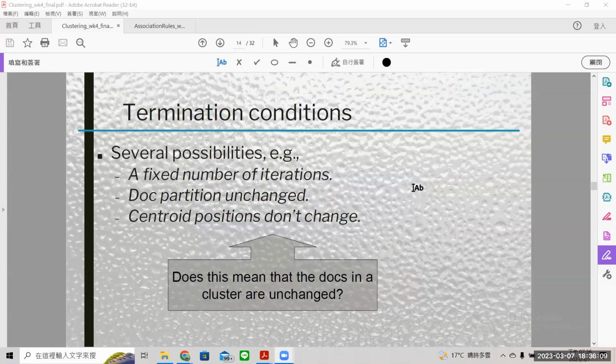And when you try to terminate your program, there are several possibilities. For example, a fixed number of iterations. That's one way. Maybe the partition is unchanged, or the centroid positions don't change.